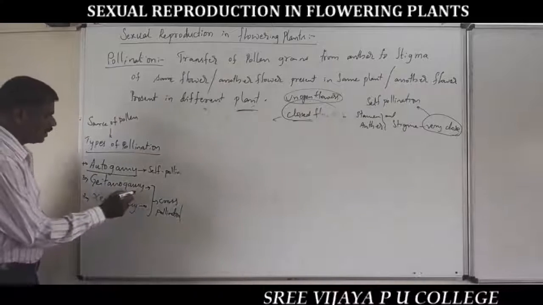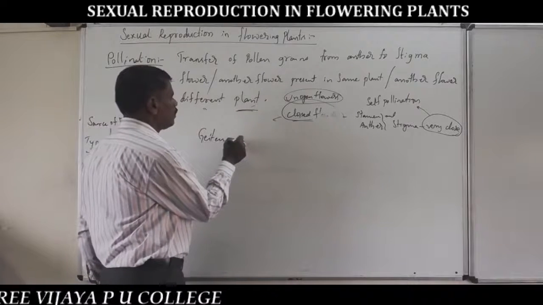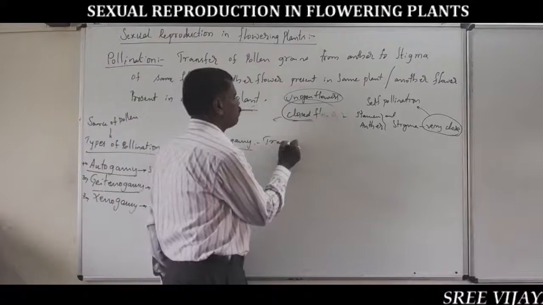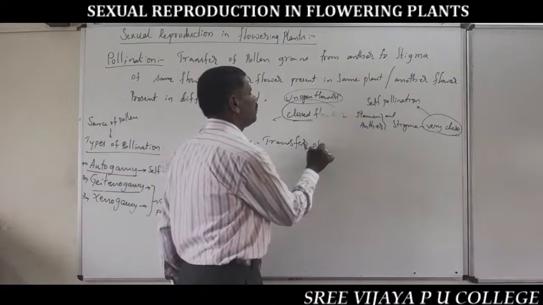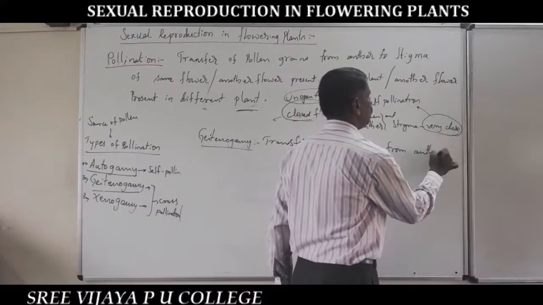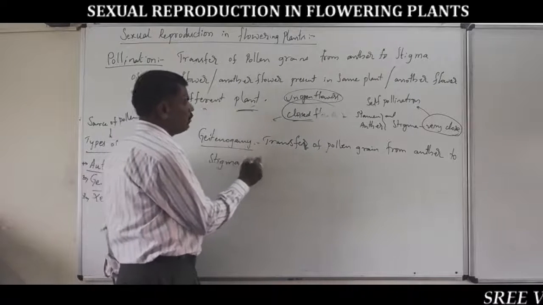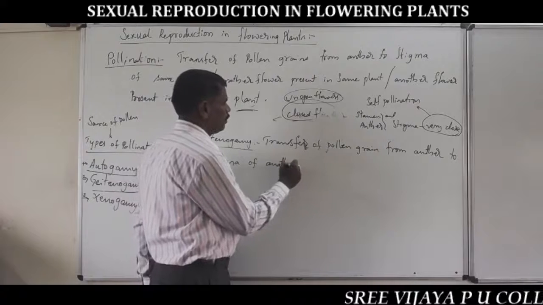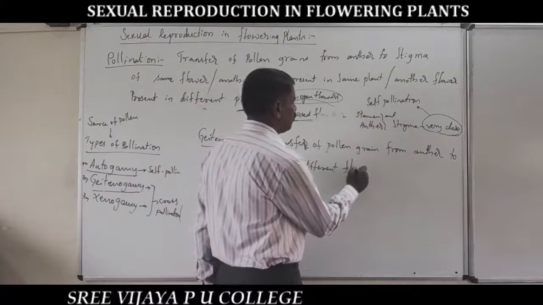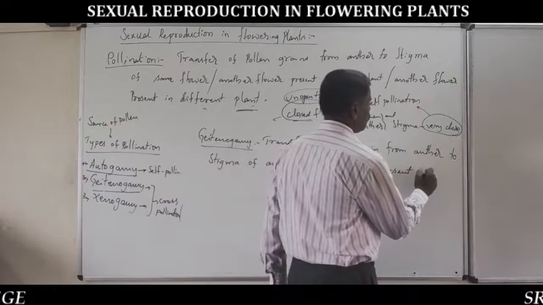So next is geitonogamy. It is the transfer of pollen grain from the anther to the stigma of another flower, a different flower present in the same plant.